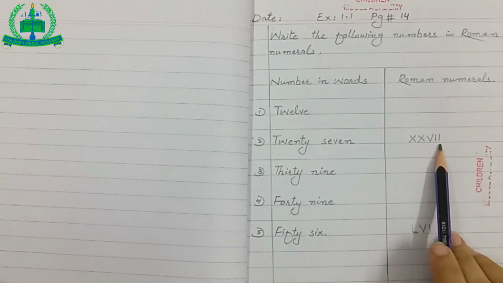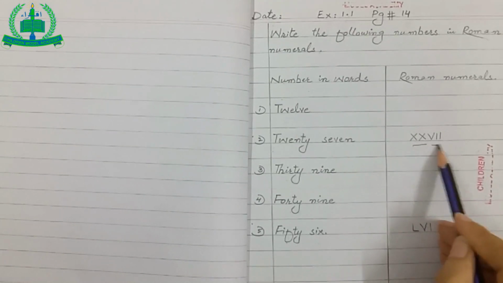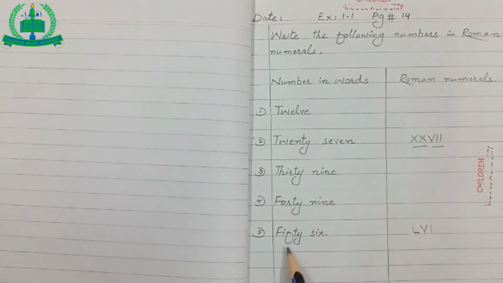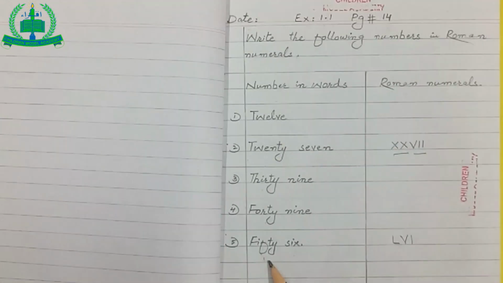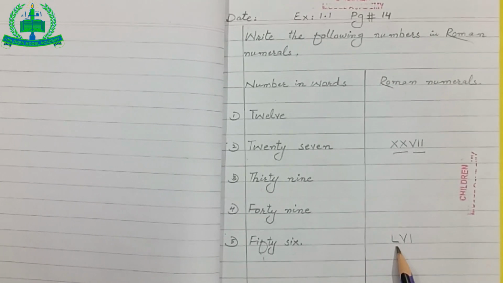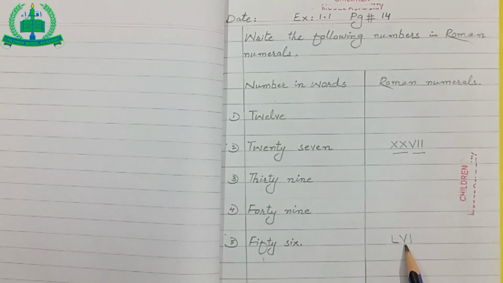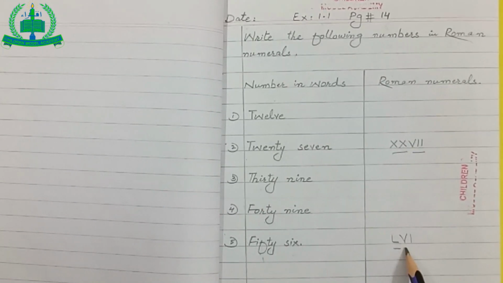VII, 7. 27. 56: L is the Roman symbol which means 50. VI, 6. 56.